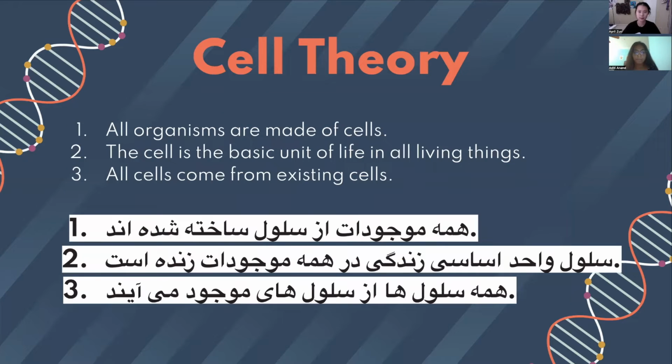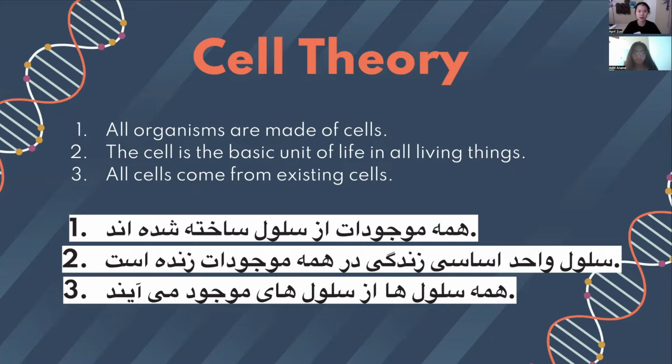All right, and before we get into all the different parts of the cell, there is something called the cell theory that you guys should know. And this is really just three statements that apply to all of biology in regards to cells. So the first one is that all organisms are made of cells.